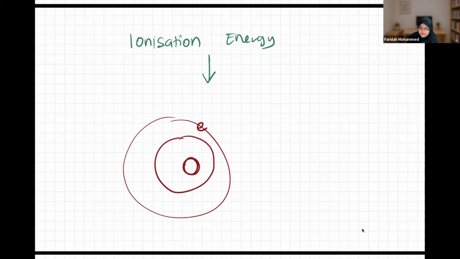And of course you have multiple electrons. Whenever you want to take out an electron from an atom, that is ionization. Whenever you are trying to pull away an electron from an atom, you will need energy.